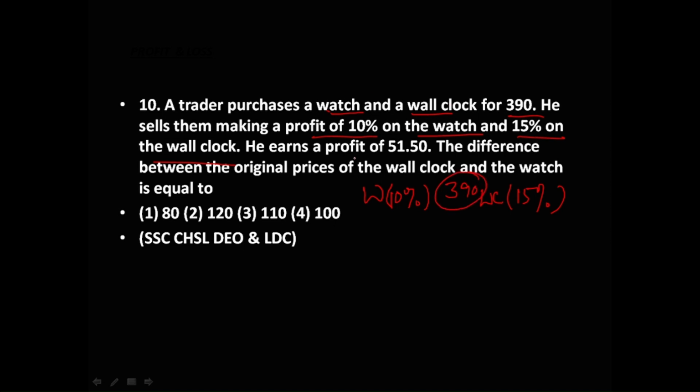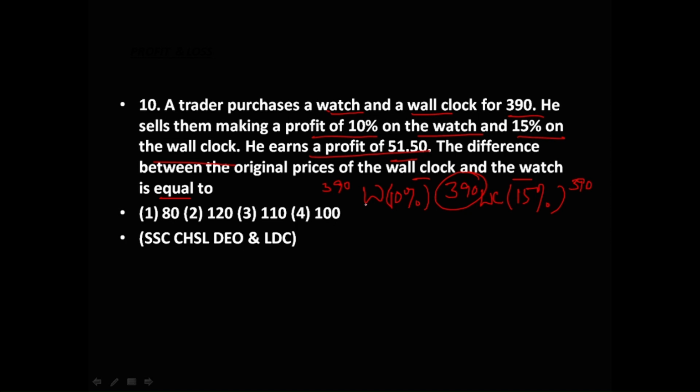The question is, he earns a profit of 51.50, and the difference between the original price of the wall clock and the watch is equal to what? So the difference between these two items is the answer. We can assume 390 as the CP of both, right?